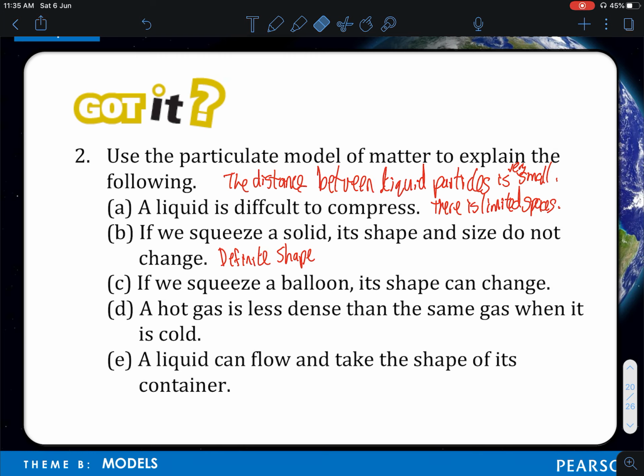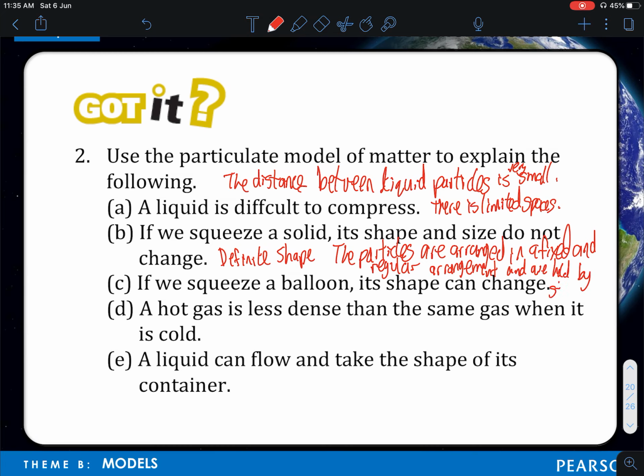So what actually explains this is that for solids, the particles are arranged in a fixed and regular arrangement and are held by strong forces of attraction.